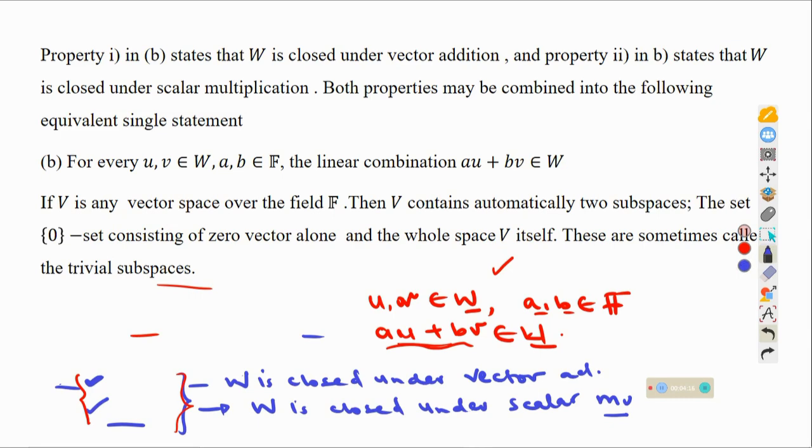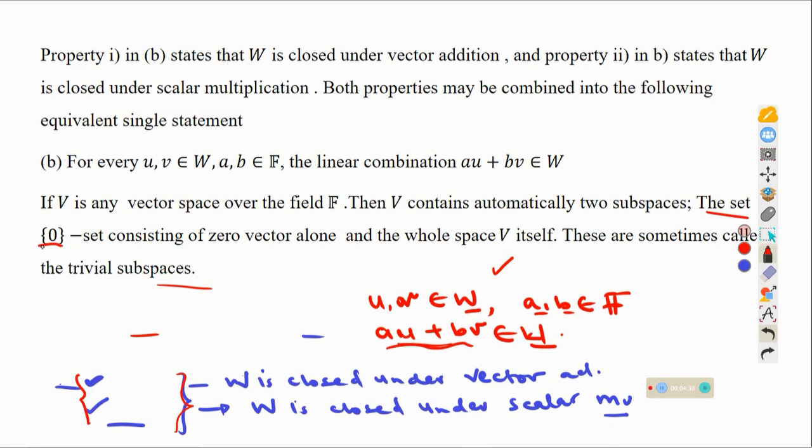So let us also talk about what we call the trivial or obvious subspaces. We have got two obvious subspaces for any given vector space. For example, if you consider V to be your vector space over the field F, then V automatically contains two subspaces. One, we have the set 0.